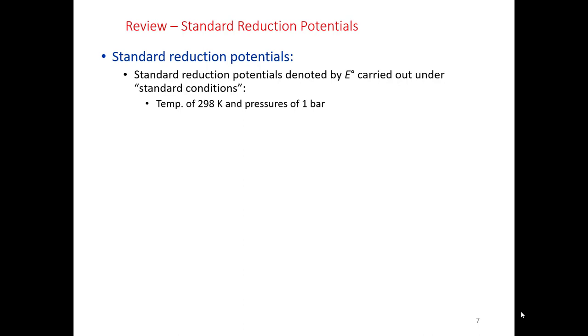So for standard conditions, this means 298 Kelvin and 1 bar of pressure. Since reduction potentials are a thermodynamic property and represent an equilibrium, they are temperature dependent. All solids must be in their standard state to be considered standard conditions, and all reactants in solution must have a concentration of 1 mole per decimeter cubed.